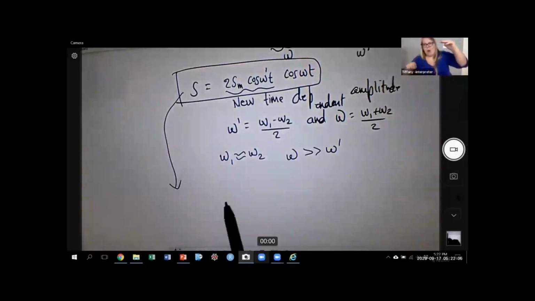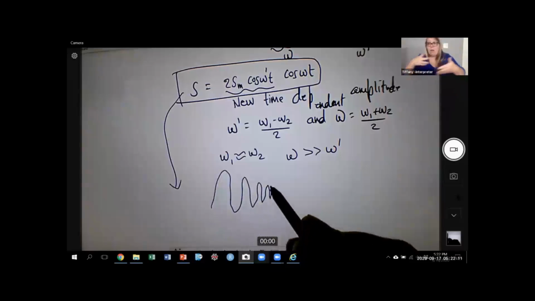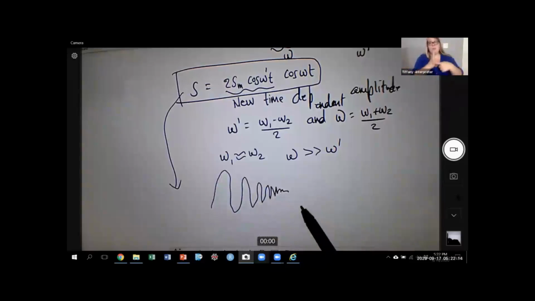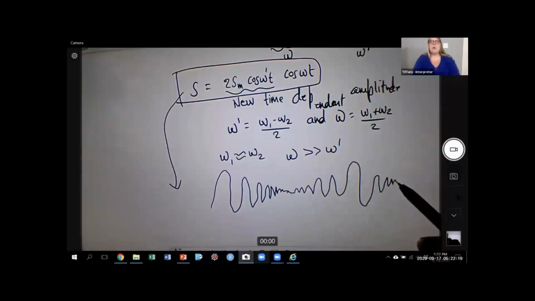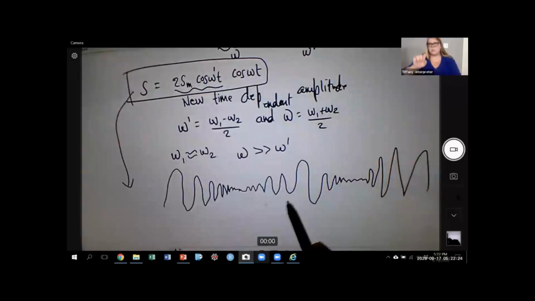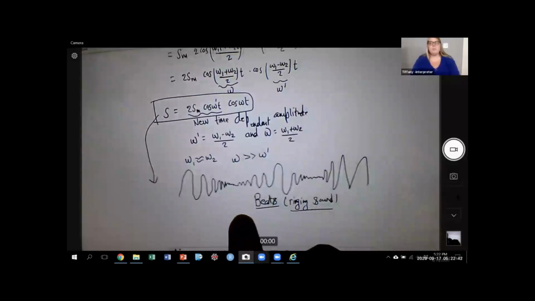if you plot that on a computer, you'll get this, you have a slowly varying envelope, right? And it continues like this. This is basically beats. This is the beat. This is the resulting wave. And that's the reason you hear the ringing sound. And we saw that mathematically as well, right?